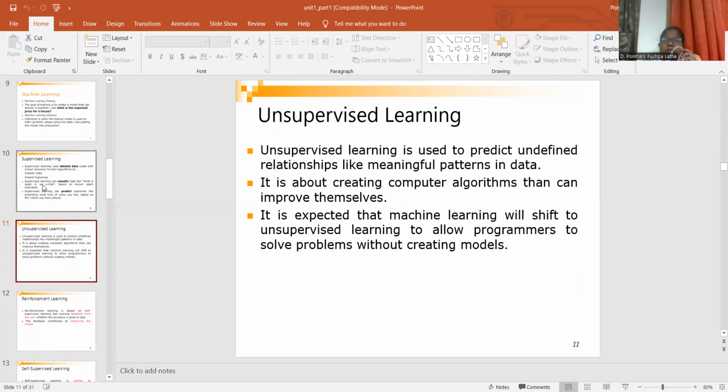You can use a computer algorithm that can improve itself, right? We can shift to unsupervised learning to allow programmers to solve problems without creating a model. So in unsupervised learning, there is no need to create the model.